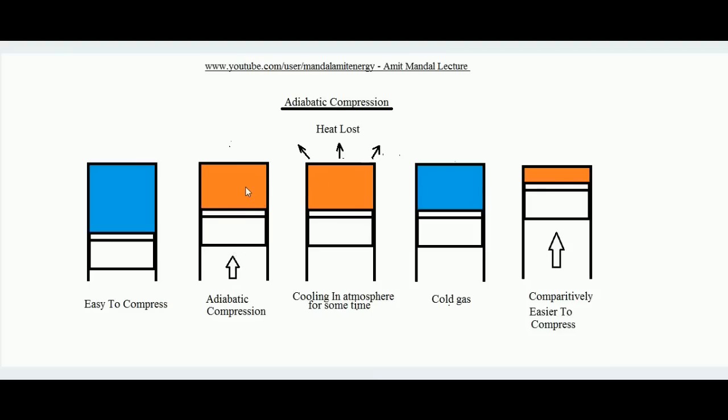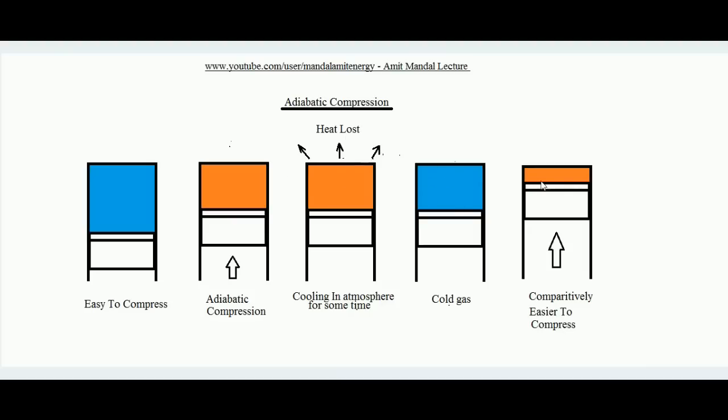When adiabatic compression is happening, the temperature of the gas is rising. So in case it is kept in open atmosphere such that heat can go out of the system, meaning this cylinder is made up of some conductive material, what would happen? This hot gas will lose its heat, because heat always flows from high temperature to low temperature. So this hot gas will lose its heat and again become cold gas.